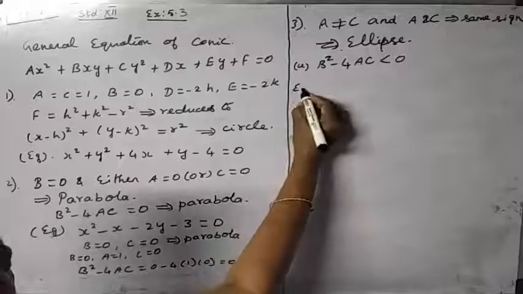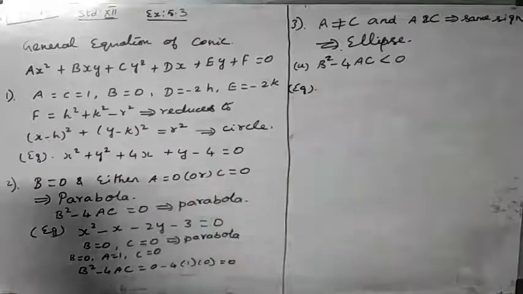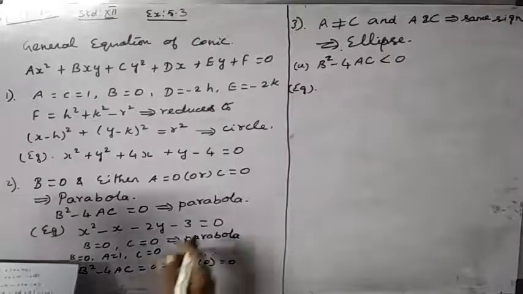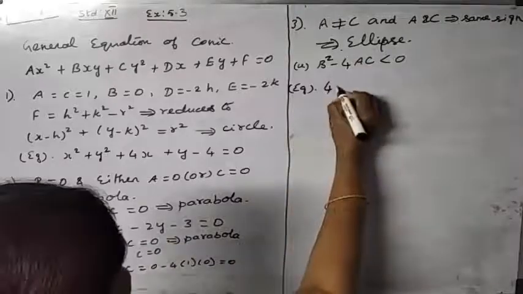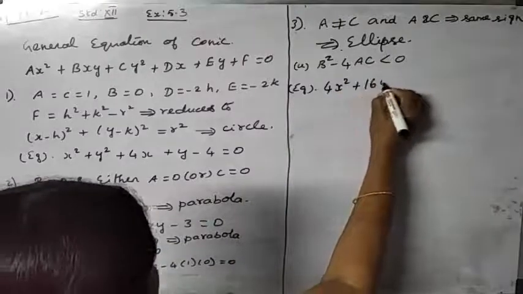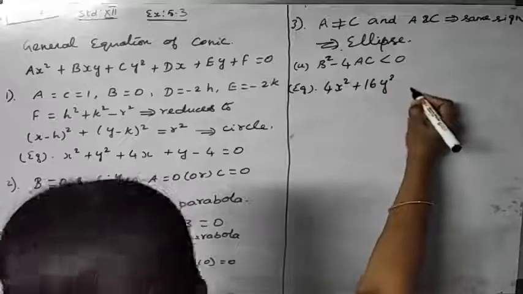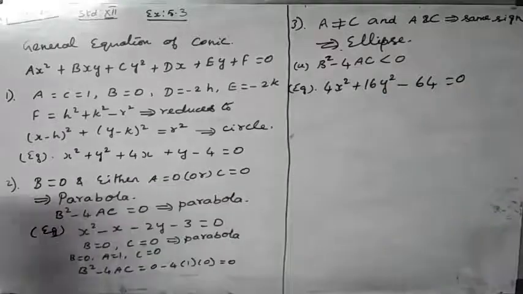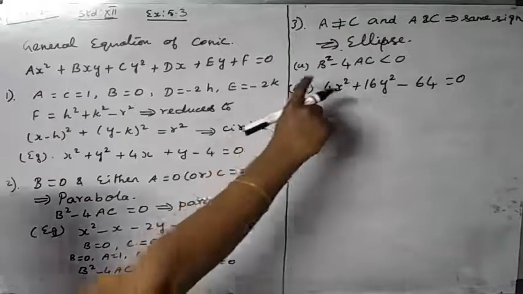Now let me give you an example. 4x square plus 16y square minus 64 is equal to 0. இப்போ first condition apply ஆகுதான்னு பாருங்க.